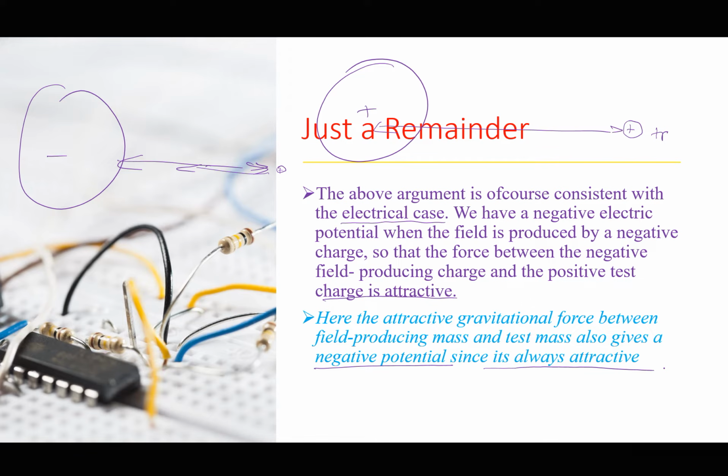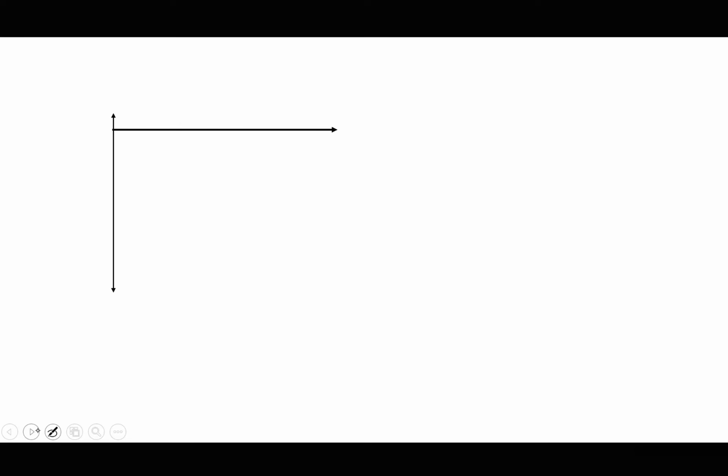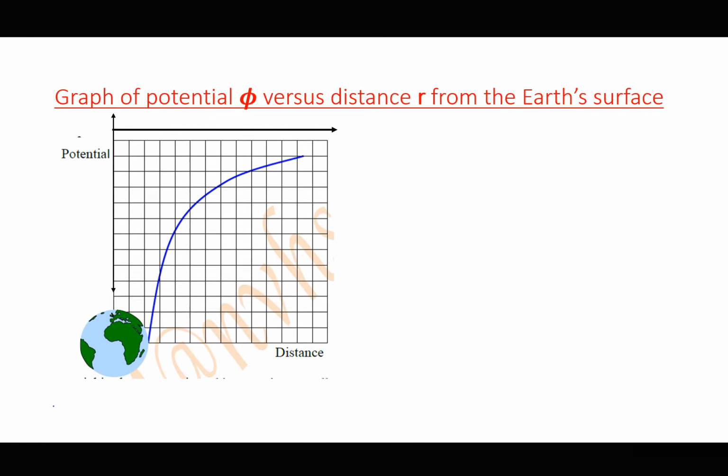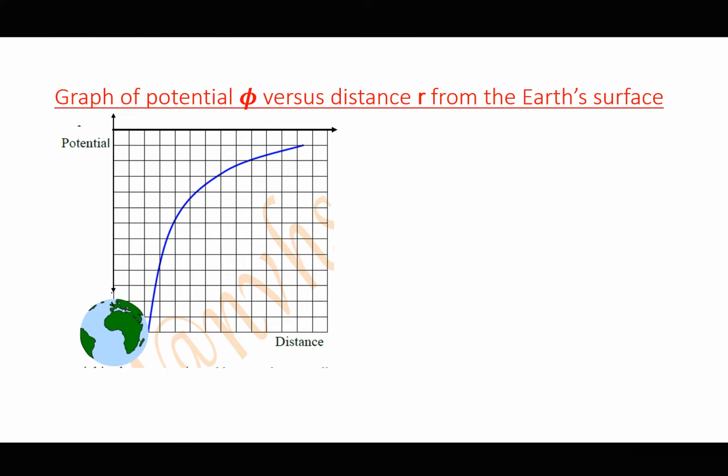This now reminds me of a graph. Now that we know the expression for gravitational potential, we can think about a graph of gravitational potential with distance from the Earth's surface. We consider the Earth at the center as our central point.